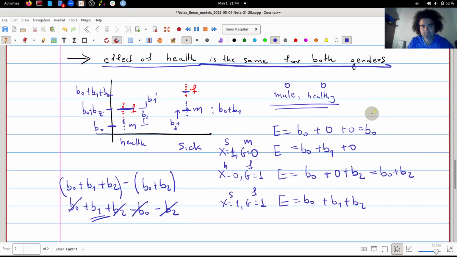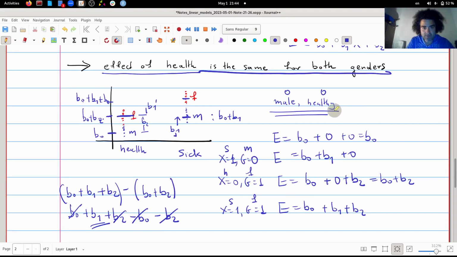Okay. I hope that this is clear. Please take a minute to think about it. It's very clear with the equations here. In words, it means that being sick has the same effect on the expression levels, regardless of being a male or a female. And you can see that very clearly with the equations.